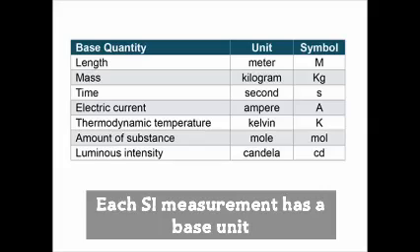Mass is measured by the kilogram. Time is measured by the second. Those are the main things we'll be studying. We'll also look into electric current, which is measured by the ampere. Thermodynamic temperature is Kelvin. More chemistry topics will be amount of substance, which is measured in the mole, and luminous intensity, which is measured by the candela.